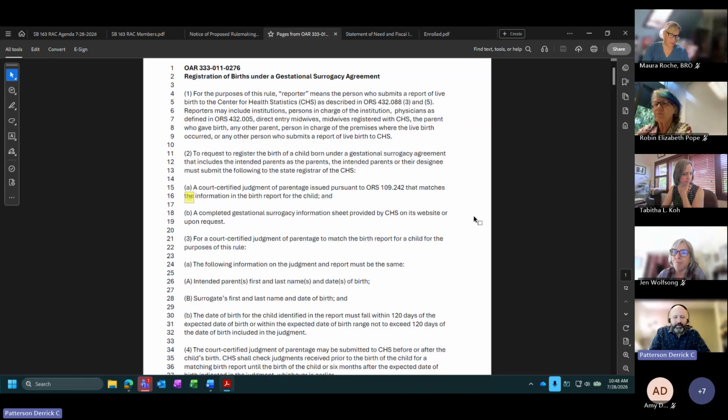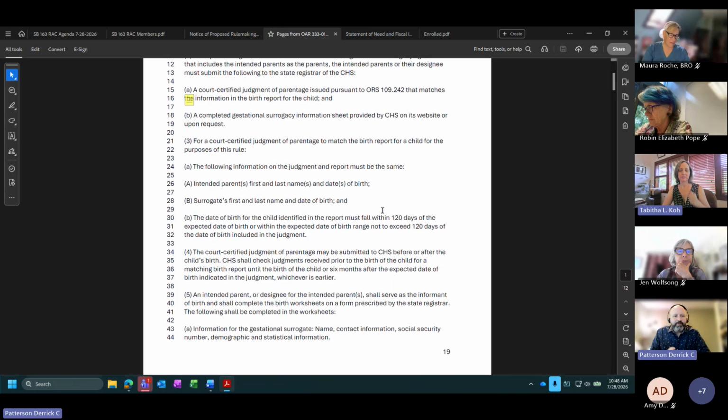Anything else on this before we move on? Okay. If I move too quickly and we need to go back to something, that's totally fine. Yeah, Tabitha. I actually do want to raise the issue of a court certified judgment, because in certain circumstances there can be substantial delay in getting a certified judgment.